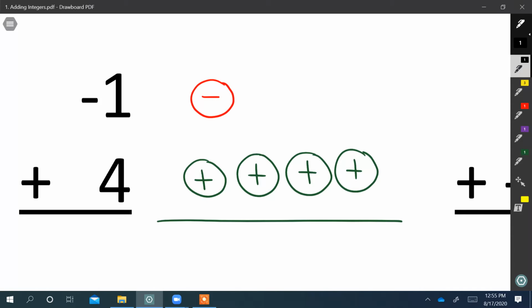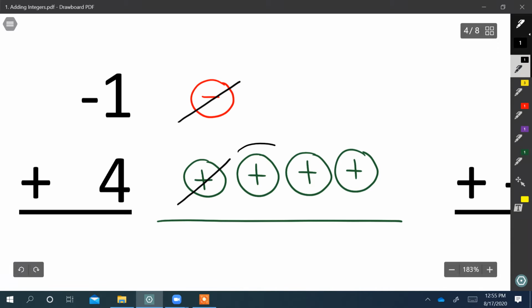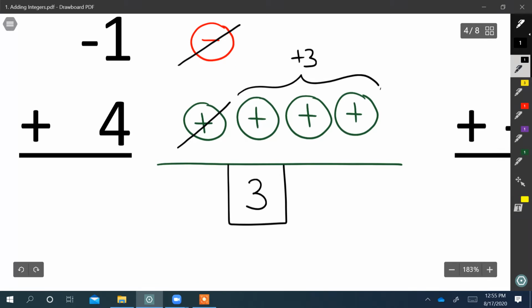If you say they cancel each other, you are correct. This negative will actually eventually cancel with this positive. What do we have left? We have 3 positives. So the final answer for this one will be +3.